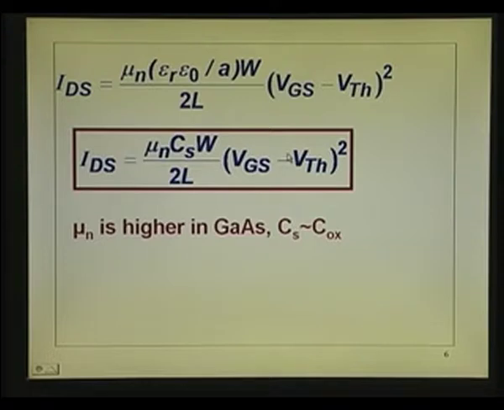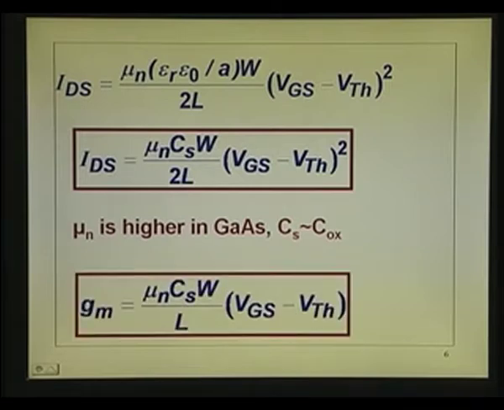For a given voltage swing, you will have a larger change in the current, which would mean that you get a better transconductance for a given size, for a given W by L ratio, because this is larger than that of C oxide, that is CS, and because mu n is larger in gallium arsenide, and also because of the bulk properties, it is larger than that of mu n in silicon, you get this factor much larger. You will get it about 10 to 15 times larger, because mu n is larger, CS is also larger. So, this is one of the better things that has happened.